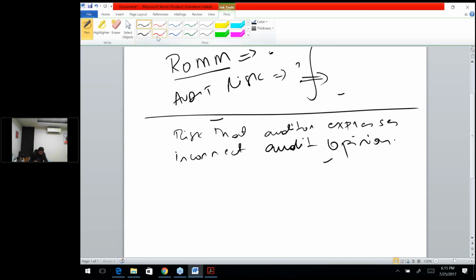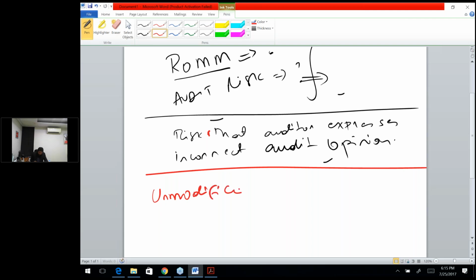What do we mean by expressing incorrect audit opinion? It could mean that when you were supposed to give an unmodified opinion, you actually gave a qualified opinion instead. That's the audit risk. Why? You were supposed to give a different opinion, and you ended up giving a different opinion.